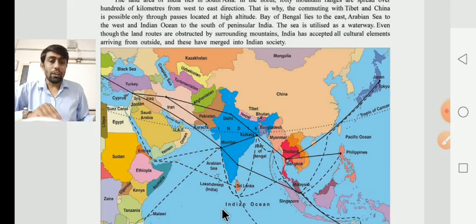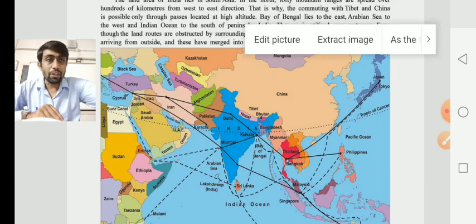So the Bay of Bengal is in the east direction, the Arabian Sea is in the west direction. If you see the Indian Ocean, which direction does it have? South direction, and this is the whole map of India. You have to see the location of India in this map.